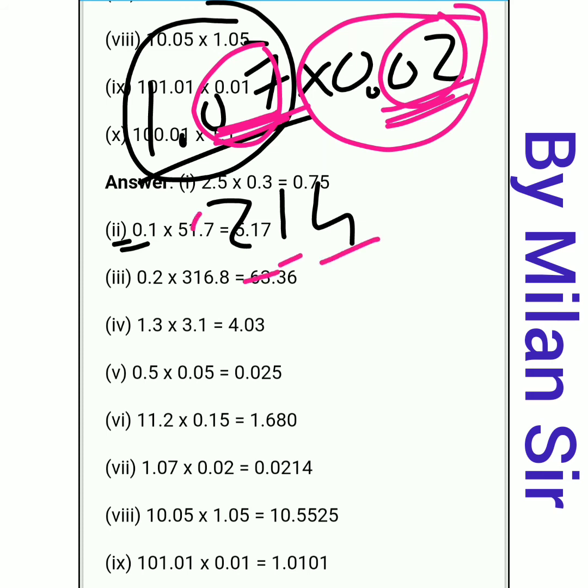So before that we need to put 0, so it becomes 4 digits. Before that we need to put the decimal point and nothing is remaining, so again we need to put 0 before the decimal point, so it becomes 0.0214.